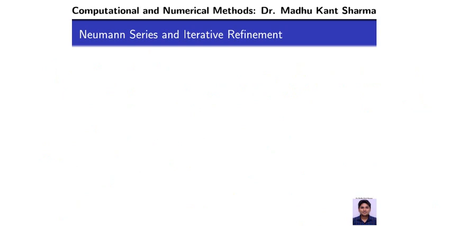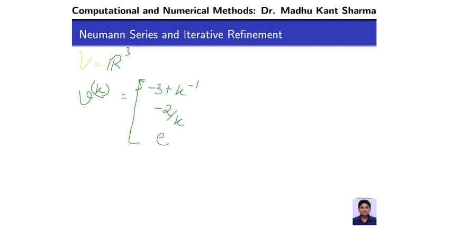Let V equal R3, and define a sequence V k by the vector with components minus 3 plus 1 by k, minus 2 by k, and e to the power minus k.